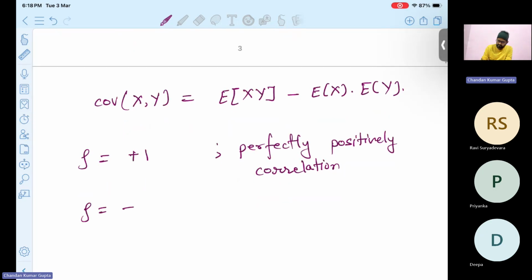Rho equal to -1 is perfectly negatively correlated.